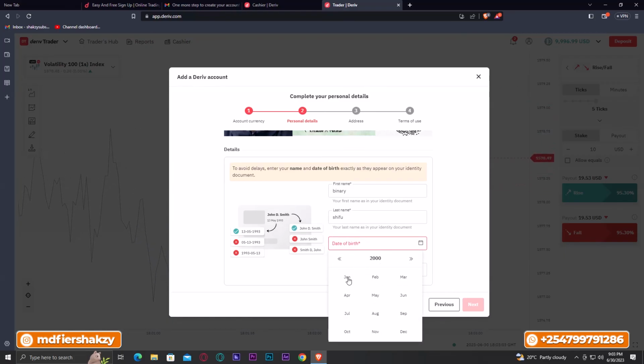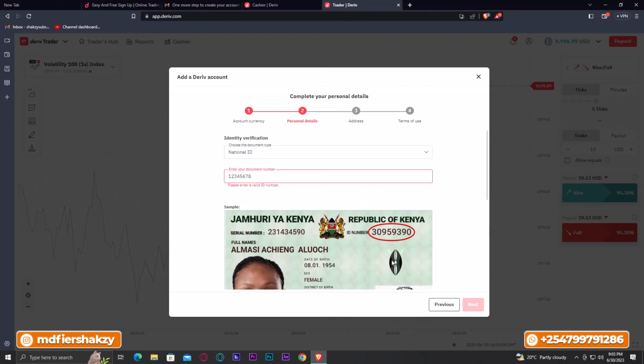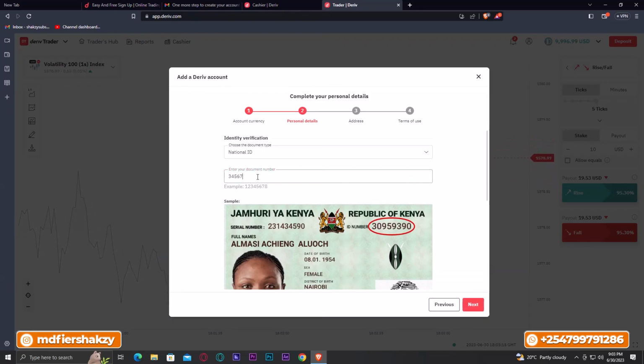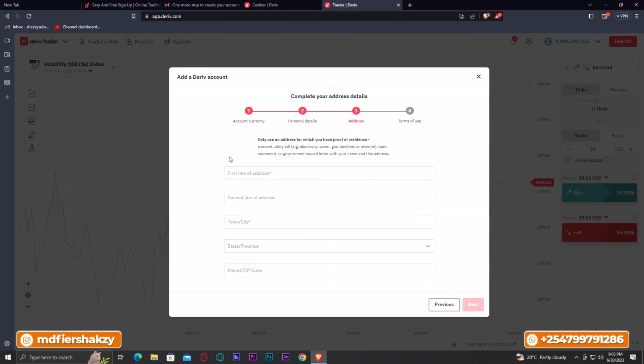Let me just create something here. Let me guess. Are they 8? 1, 2, 3, 4. Yes. And then you move to next line of address, second line of address.